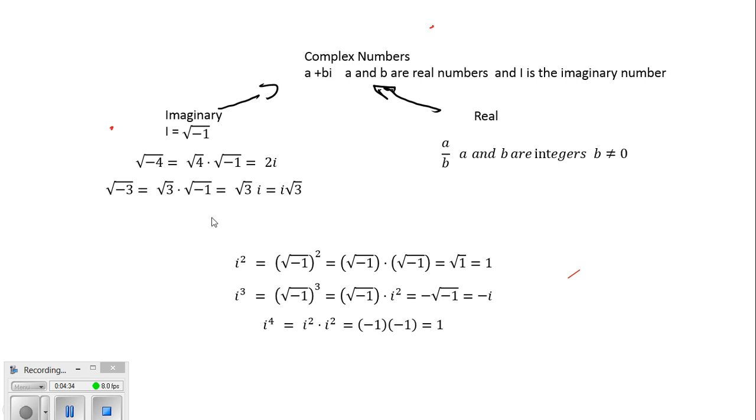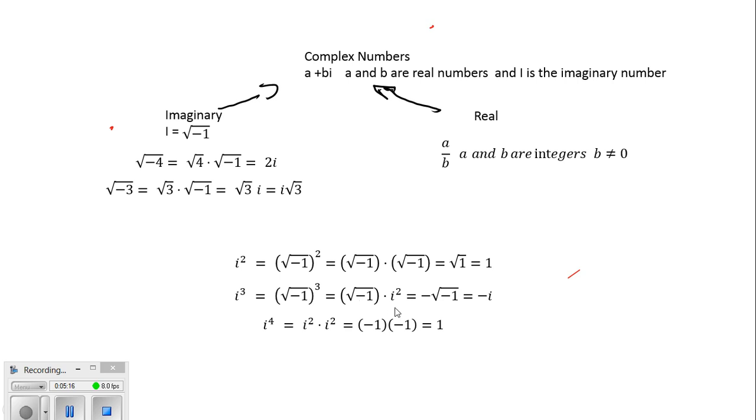We've got to talk about dealing with i, and here we go, a reminder of the powers of i. Of course, i is the square root of -1. So i squared is the square root of -1 squared, which is the square root of -1 times the square root of -1, which is -1. i cubed is the square root of negative 1 cubed, which can be expressed as i squared times the square root of negative 1, which is i.